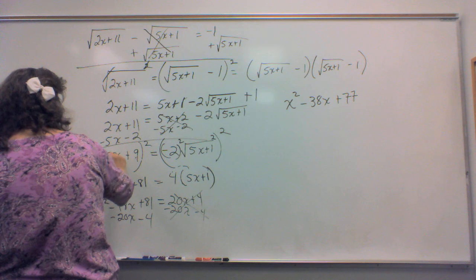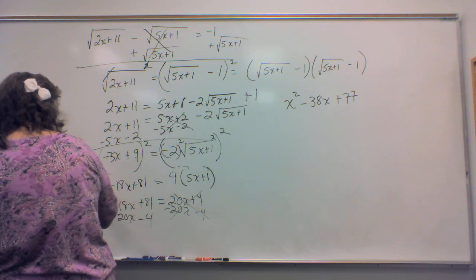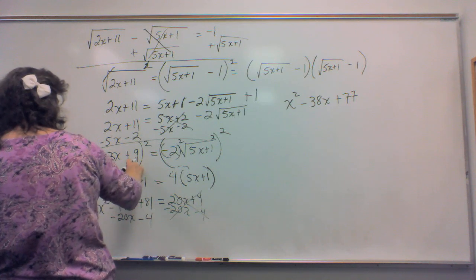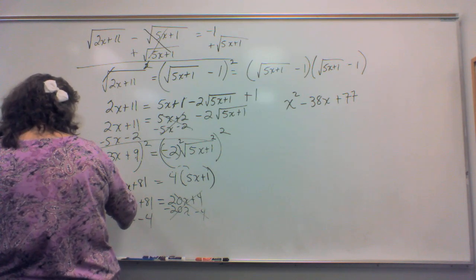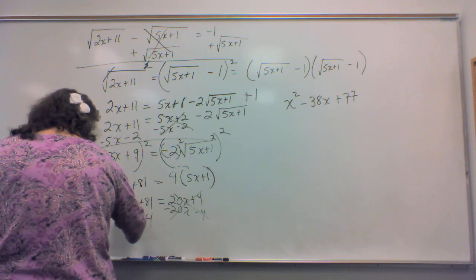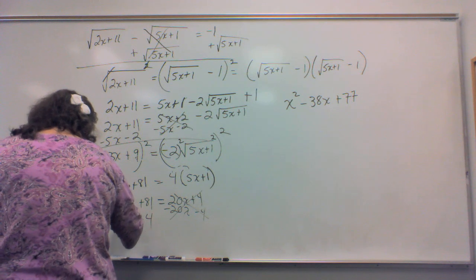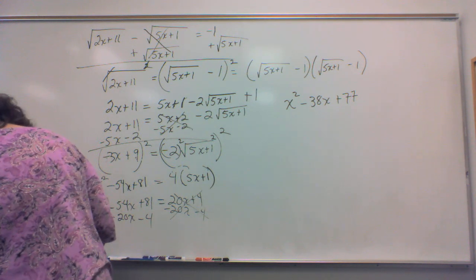Made a mistake here. This is 3x. So this is 9x squared. That's 27. This will be -54. Makes a big difference here. Okay.